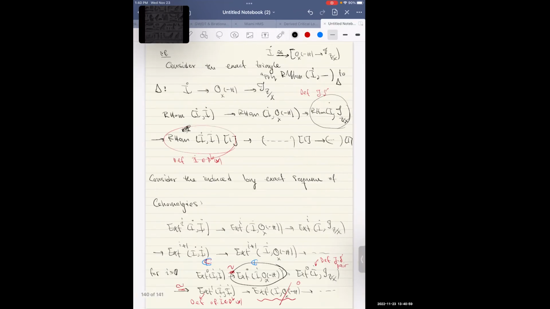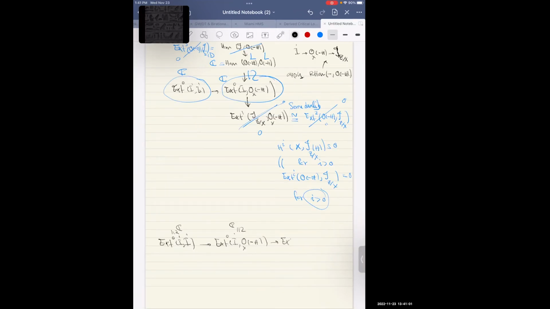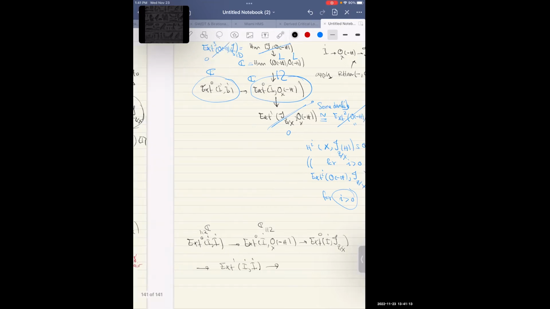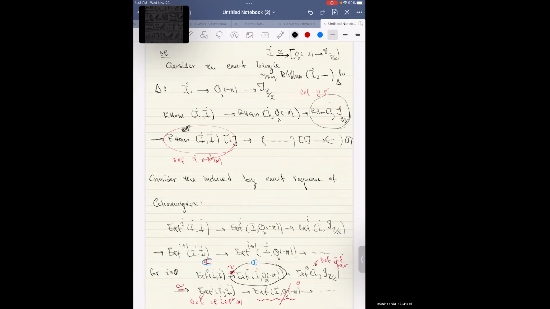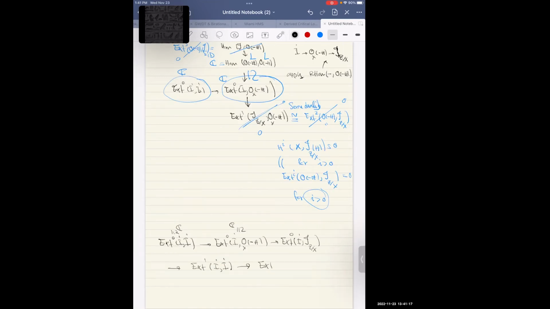And that maps to x0, I dot I of z in x, and then that maps to x1 I dot, and then that maps to the other one, x1 I dot ox minus h. Okay, so far these two are completely isomorphic to each other. So this map between them is an isomorphism.